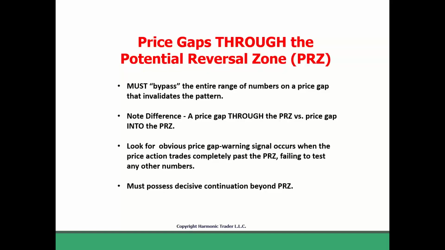A lot of times, especially when the market opens in stocks and it gaps right on through the zones, or in futures, or a major announcement, you get that incredibly strong action that just bypasses the PRZ. And it happens a lot more than you would realize, where you're looking at an exact area and it gaps right on through. It will be obvious.